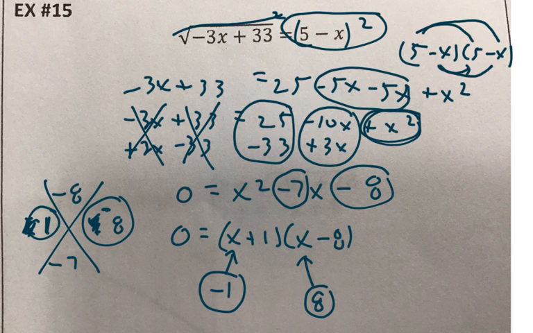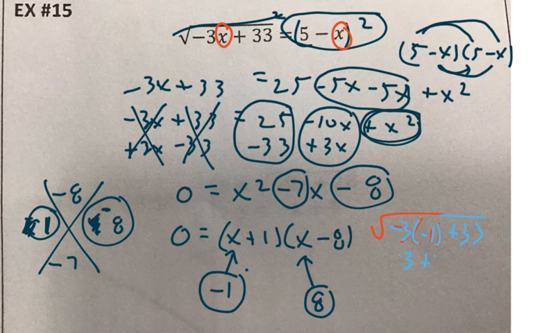As we've already discussed with the previous examples, guys, negative 1 will not work. Or wait a minute, let's stand corrected. Actually, I think we better, we almost got, as I was saying, evil, evil, evil. Let's plug it back in. I'm going to plug in negative 1 here, guys. I get the square root of negative 3 times negative 1 plus 33, right?